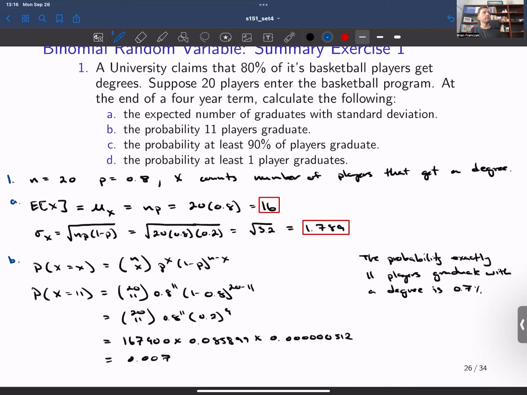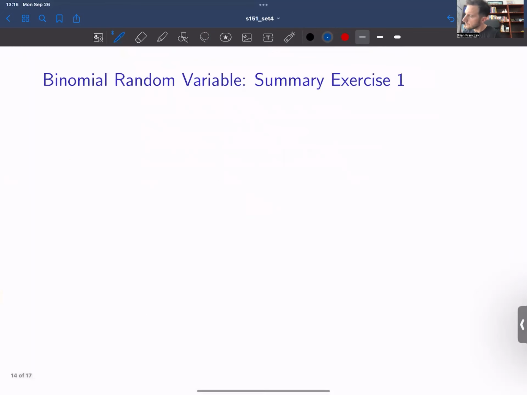Part C says, what is the probability at least 90% of players graduate? We have 20 players entering the program. 90% of 20 is 18.